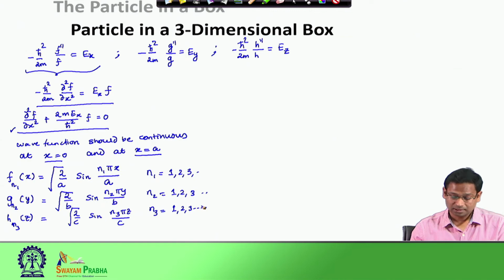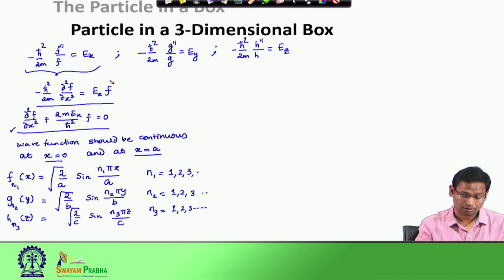What about the energy? We see that the energy corresponding to the Schrodinger equation for the f function is E of x.